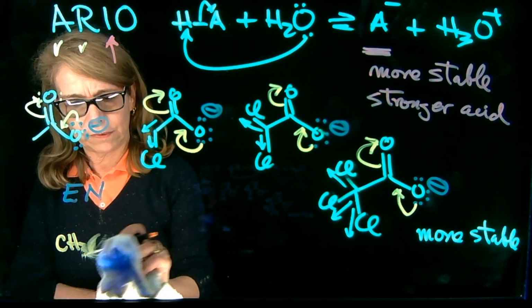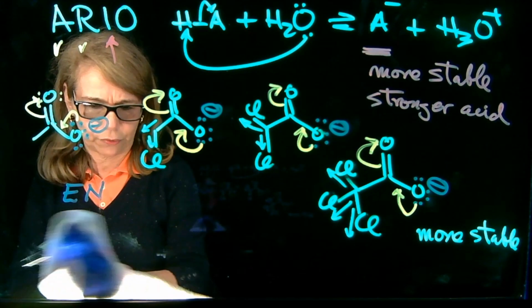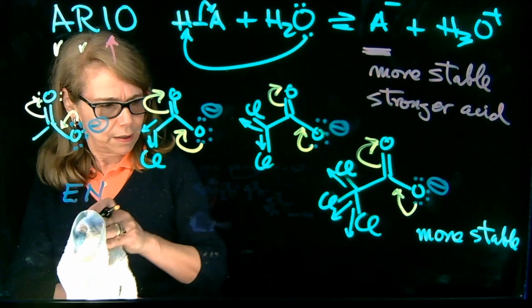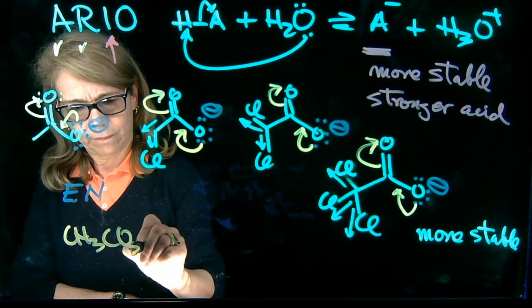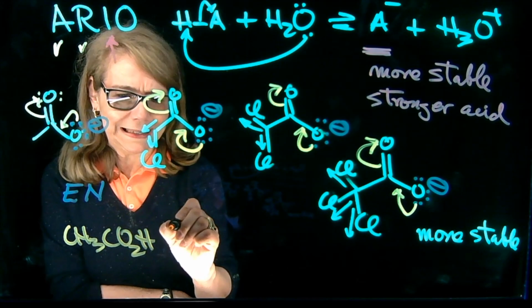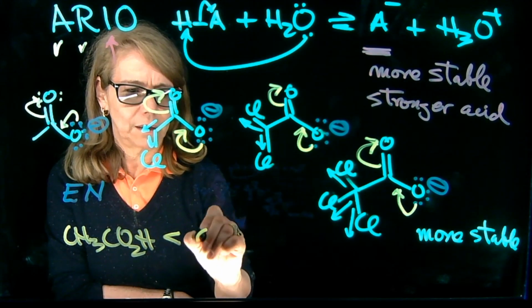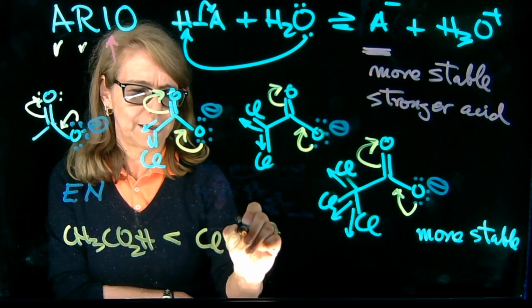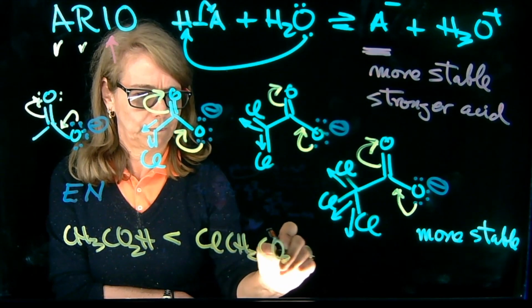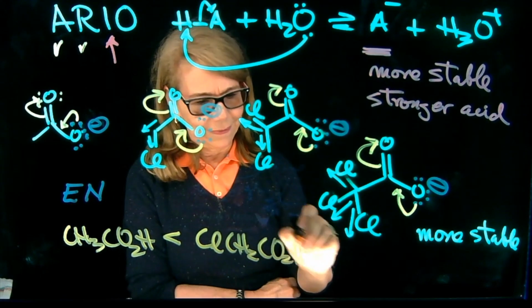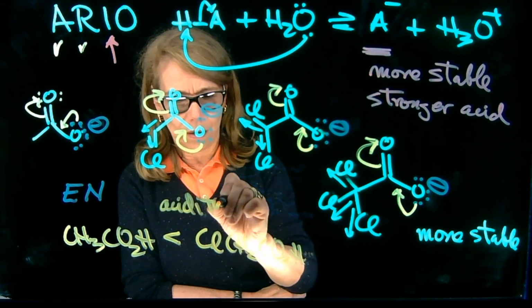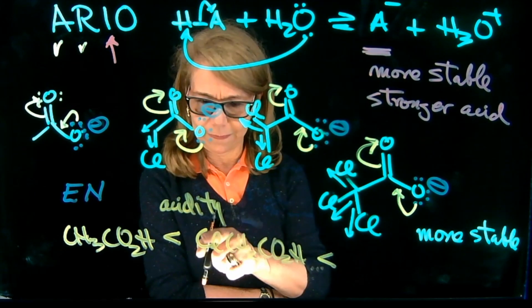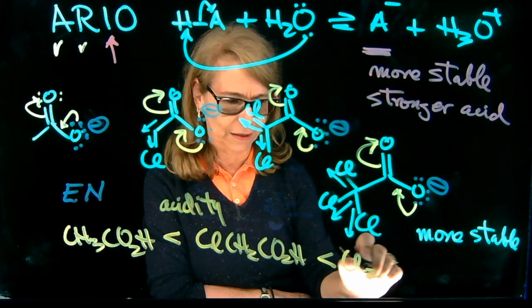It's not erasing very well. Let's redraw it again. So acetic acid is this, and will be less acidic than chloroacetic acid. And so we're talking here about acidity and ranking. And this is less acidic than dichloro.